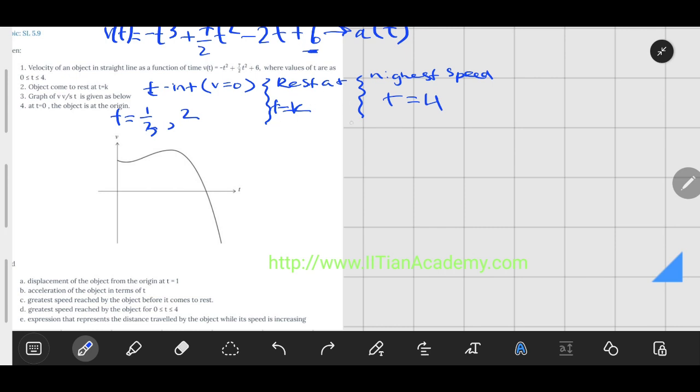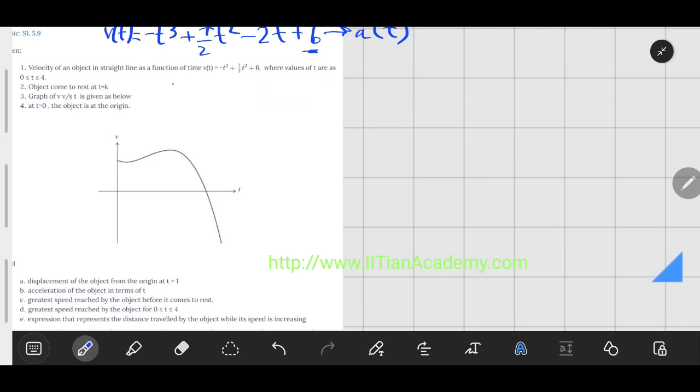We know that our system is at rest at t equals k, and we know that the highest speed is reached at t equals 4. And so we can say that the speed is increasing between the interval t equals 1 over 3 to t equals 2, and because the object commences from rest at t equals k, the speed should be increasing again from t equals k to t equals 4.